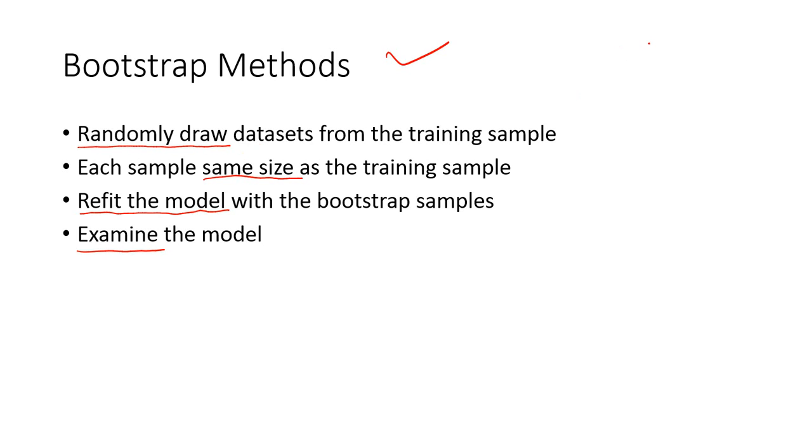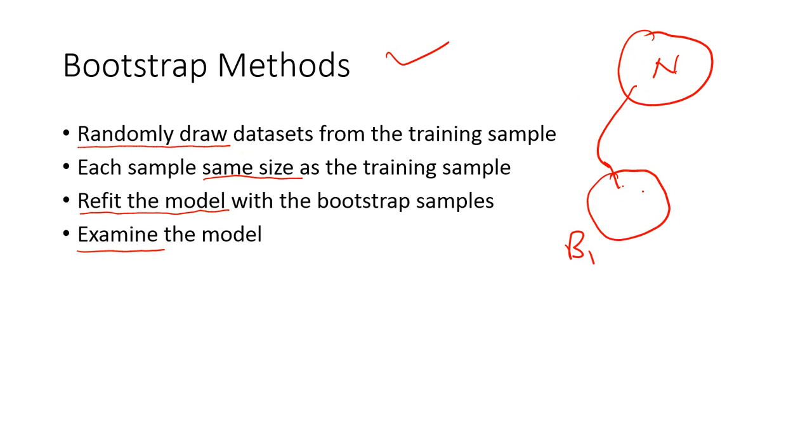For instance, we have a sample with n observations. I'll create a Bootstrap sample, which I call B1. I'll take data point 1, then data point 2. But remember that you select these data points with replacement.